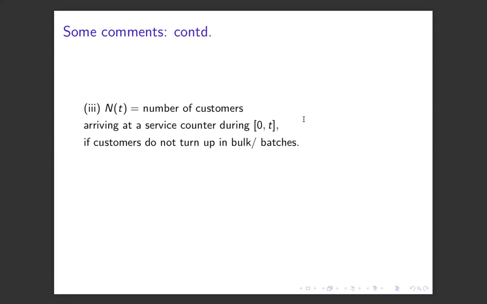So generally, where you consider this kind of situation, that comes under what is called queuing theory, and that is a big subject in its own right. Many situations which arise in applications of probability can fall in this category.